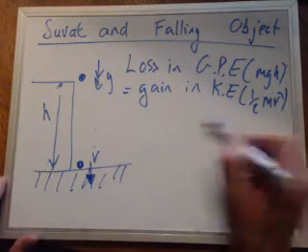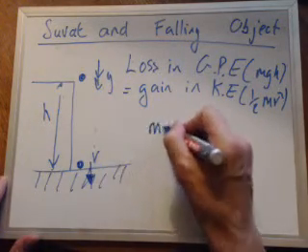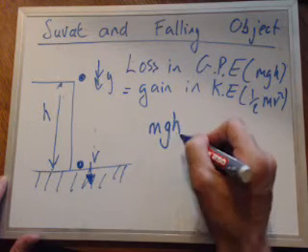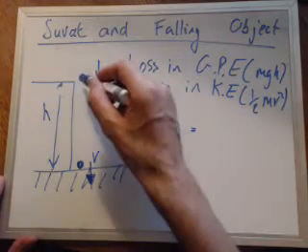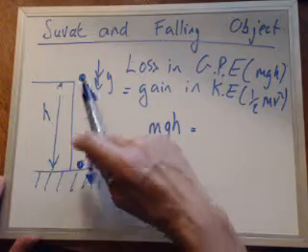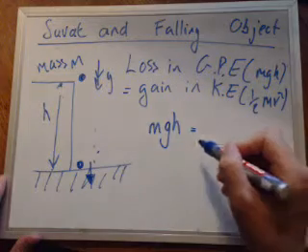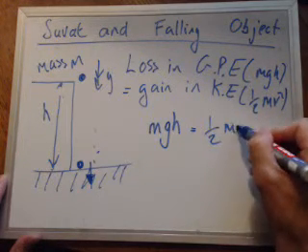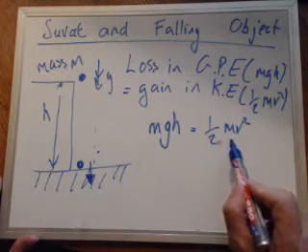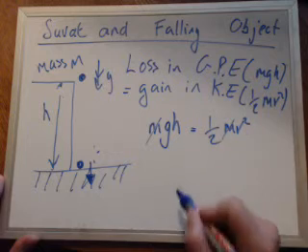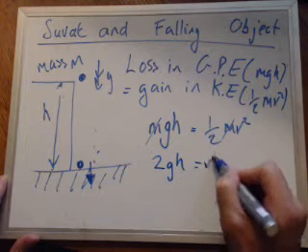So, the loss in GPE: it loses height h, so with mass m, the loss is equal to mgh, which is equal to the gain in kinetic energy. It started off with 0 and gained all of it, so with mass m, half mv squared. Potential energy is all being converted to kinetic energy. Now we can cancel out the m's and multiply across by 2 to give 2gh equals v squared.